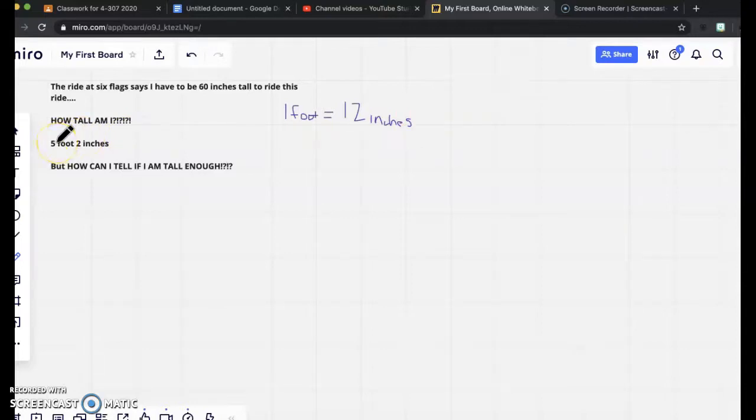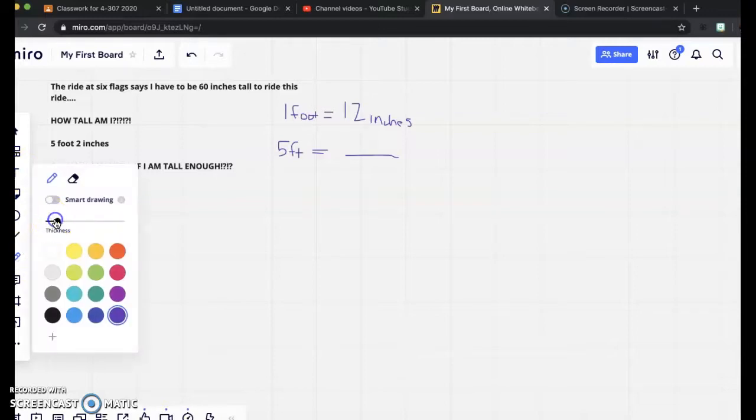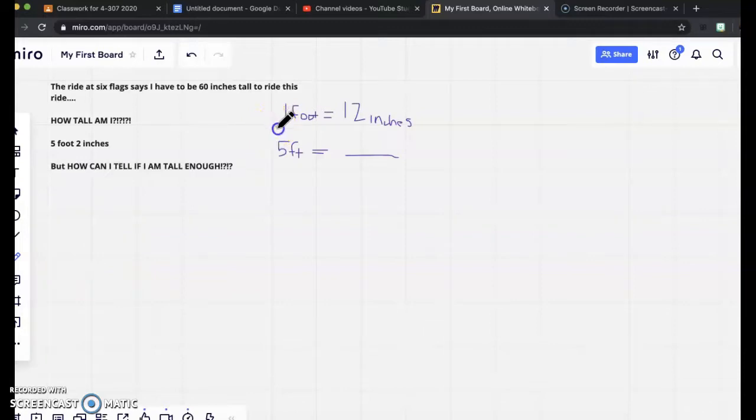Well, I have 5 feet plus 2 inches, so I would have to convert 5 feet equals how many inches? Well, what I would first have to do is say 1 times what makes 5? 1 times 5 makes 5.